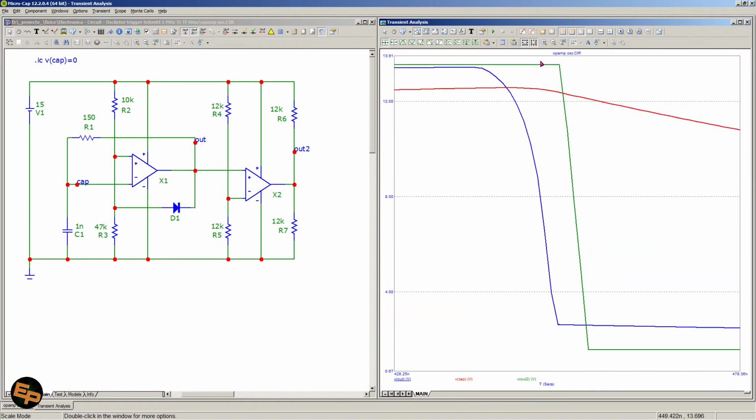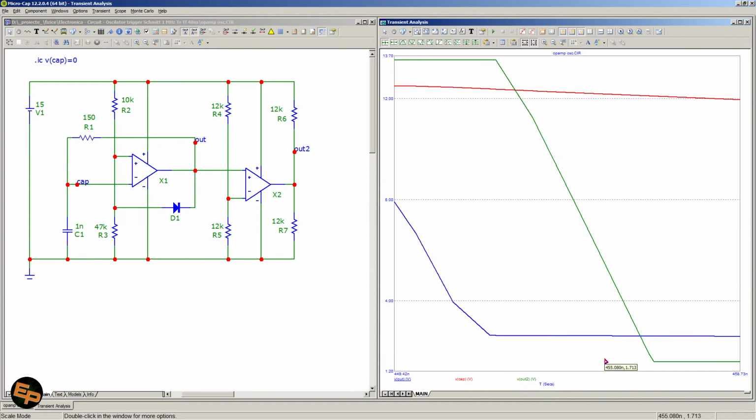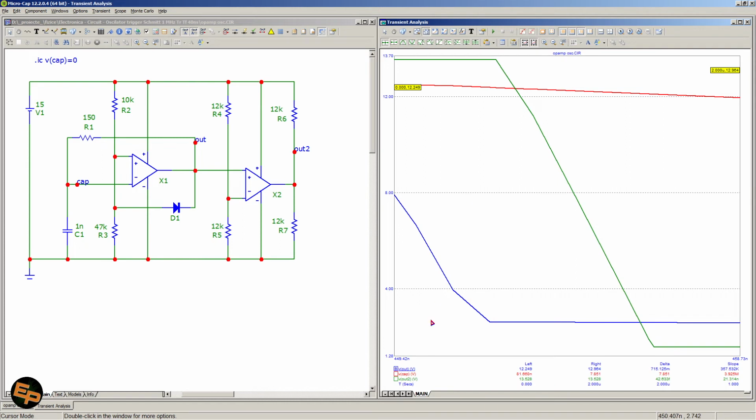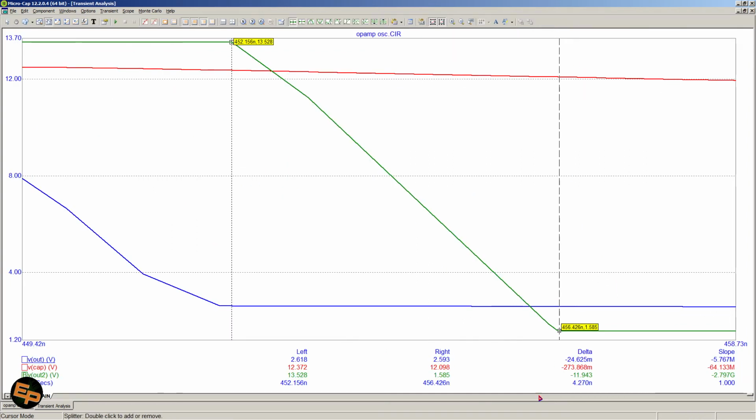And if we are zooming in a little bit on the output voltage, and we are placing two cursors on it, let me see. Okay, so we see here on the bottom time in seconds, and we have a delta, which means a difference basically, of 4.2 nanoseconds fall time.